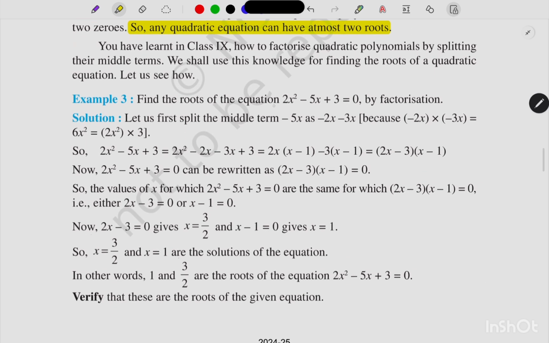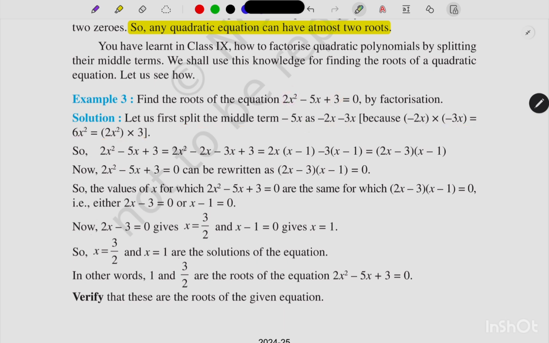So let us find the roots of the equation 2x square minus 5x plus 3. Here let us split the middle term 5x as minus 2x and minus 3x. Why? Because minus 2x multiplied by minus 3x is 6x square, and this multiplied by this is also 6x square, and when you add these two, you will get the middle term.